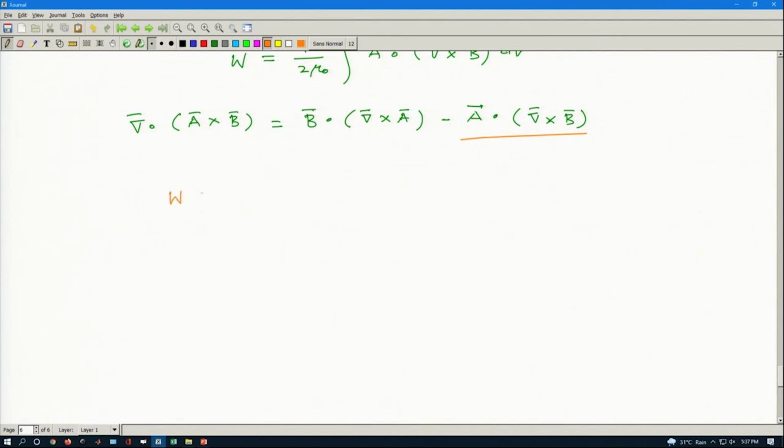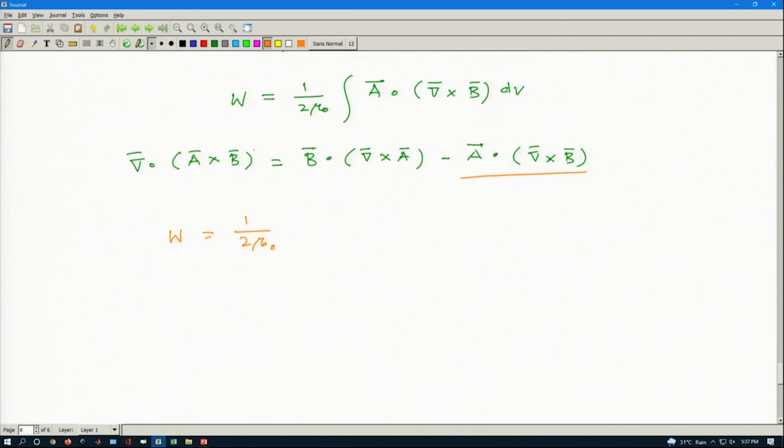That basically gives me W equal to 1 by 2 mu 0. One term I have is B dot curl of A, and curl of A is itself B. So, I have a term like the volume integral of B squared dV, and another term is minus 1 by 2 mu 0 times the divergence of A cross B, an interesting term, over dV.